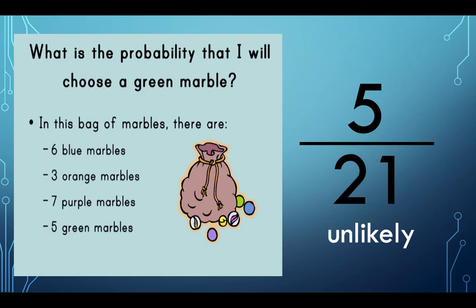To get your denominator, you have to add all of your marbles up. So you would do 6 plus 3 plus 7 plus 5. That is 21 marbles altogether, so that's your denominator. You have 5 chances out of 21 that you will get a green one. So your probability is unlikely.